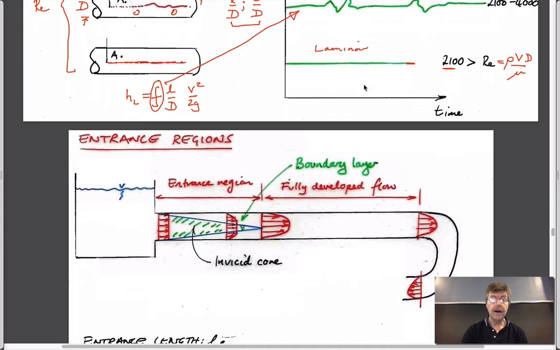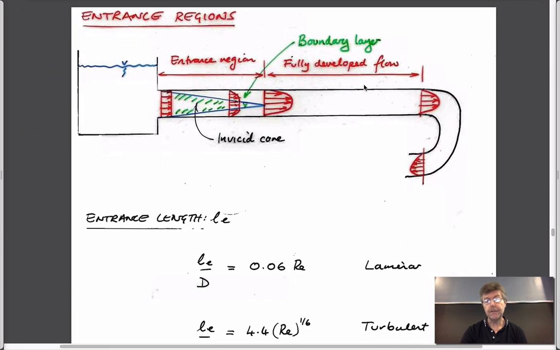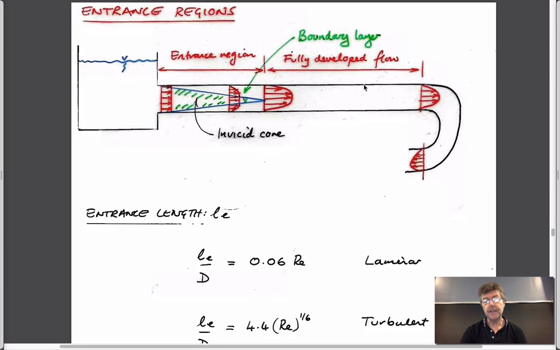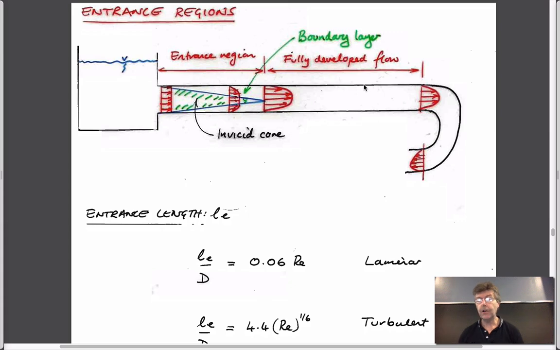I don't really want to talk about this other than to say that if you're starting fluid flow up from a big tank, where it's moving by definition at V1 equals 0 because the tank is big, then at this point here presumably V1 might also be equal to 0.